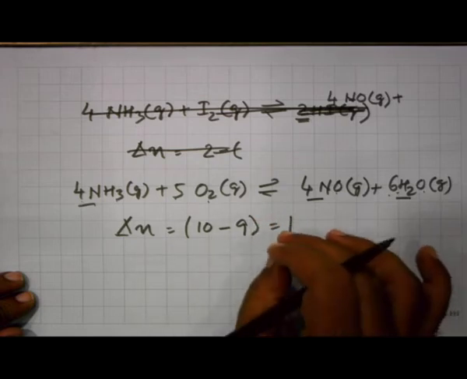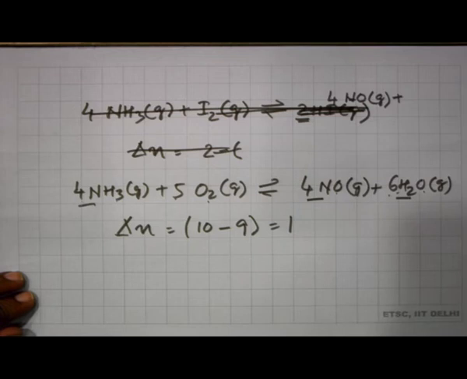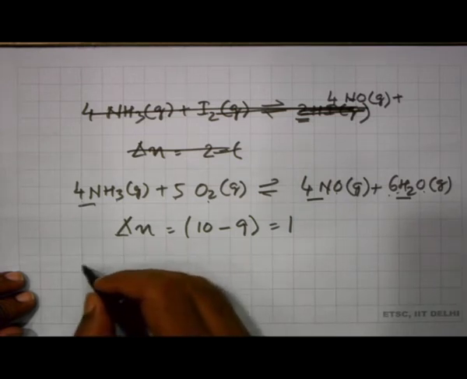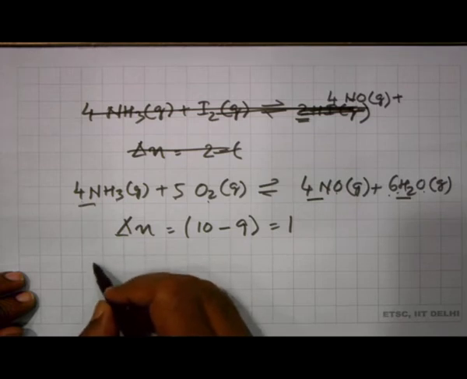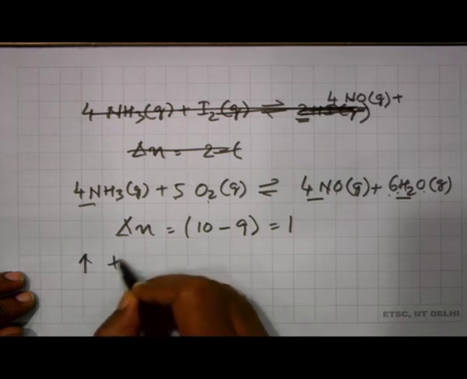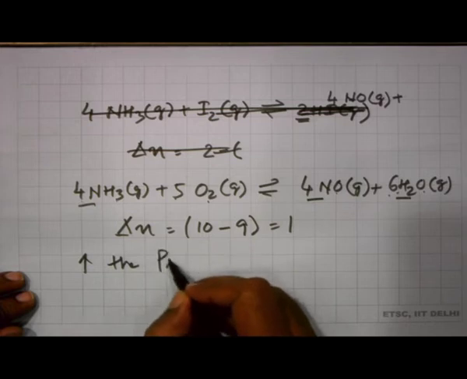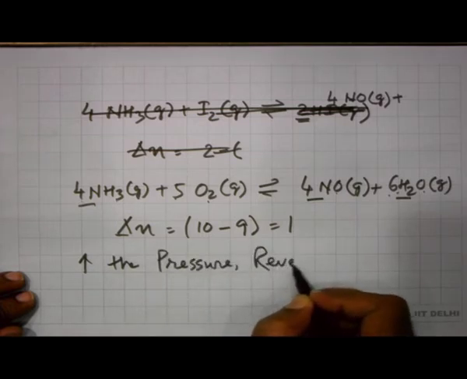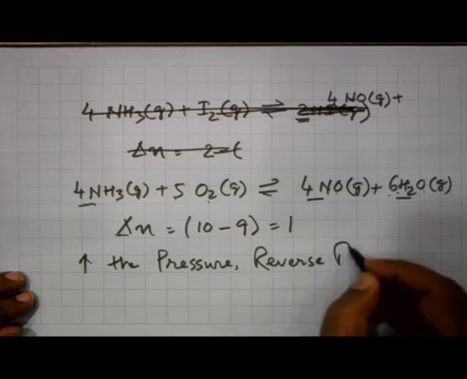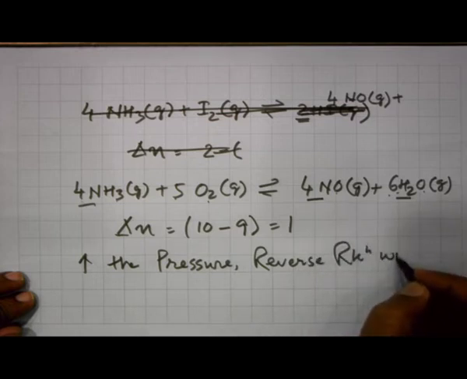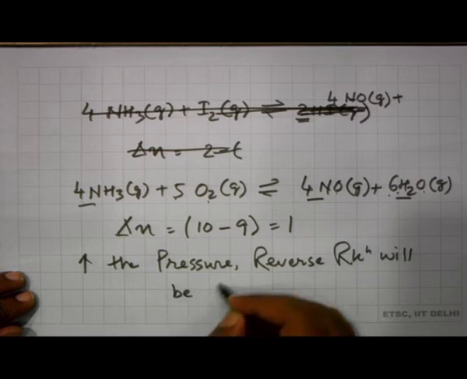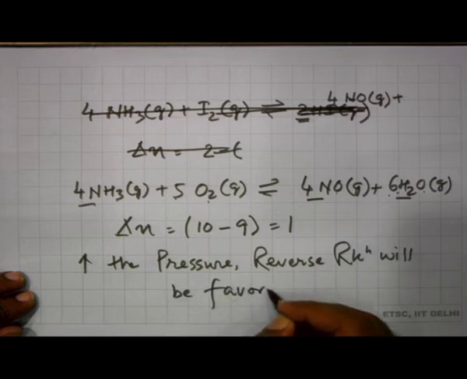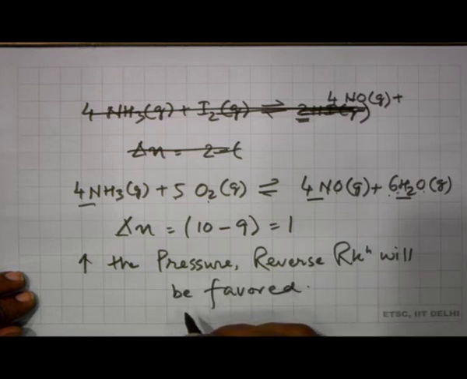Here delta n is positive, and that means that if I increase the pressure, reverse reaction will be favored.